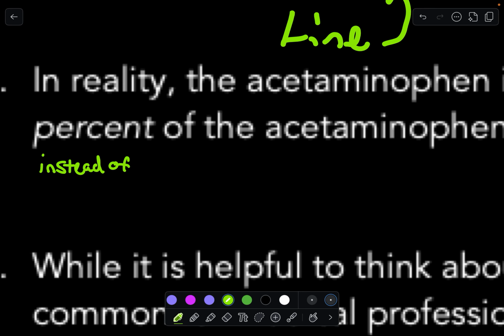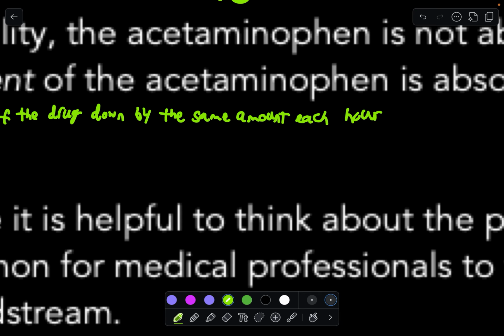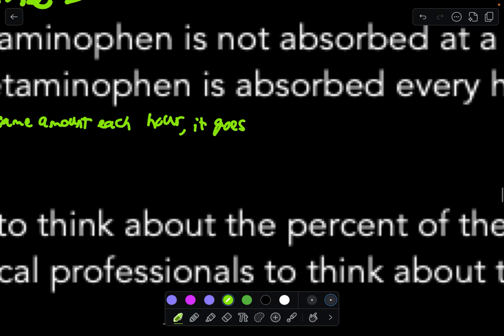Instead of the drug going down by the same amount each hour, it goes down by the same factor, by the same percent or factor.